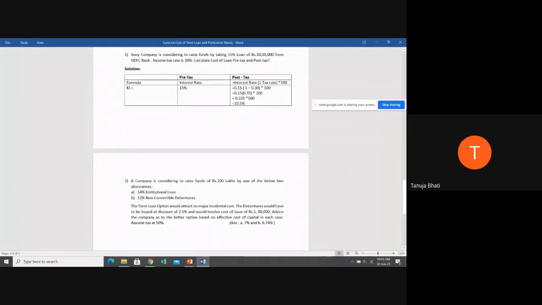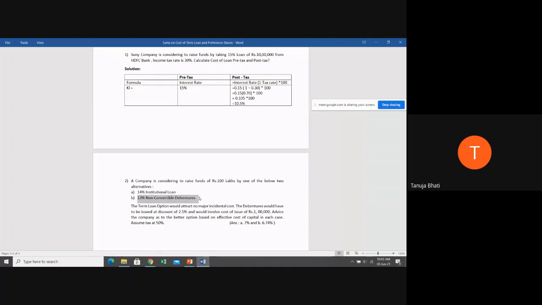Okay, now let us see the solution for 13% non-convertible debentures. I'm discussing this because I don't want your answers to go wrong. Can anyone tell me first of all whether it is redeemable or irredeemable debentures? In debentures we have seen there are 4 formulas: for irredeemable, 2 formulas, and for redeemable, 2 formulas.